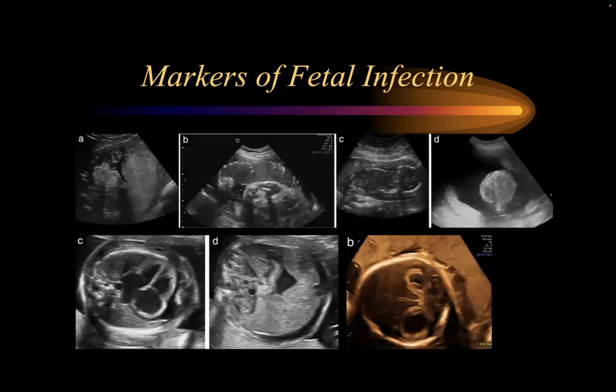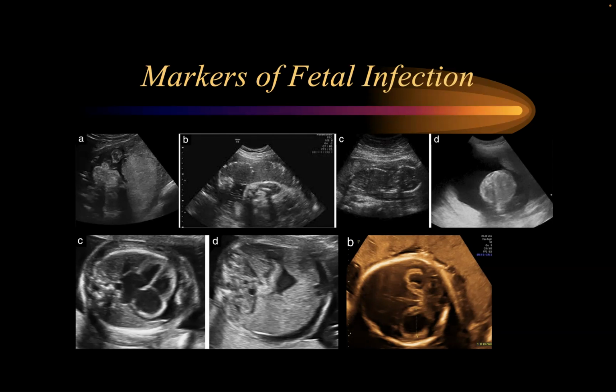So these are just a couple of slides to demonstrate that finding. On the left, you see a thickened placenta. On the right, you see calcifications within the placenta. You see decreased amniotic fluid or polyhydramnios in frame D. Frame C, like in our case, had cardiomegaly and pericardial effusions.